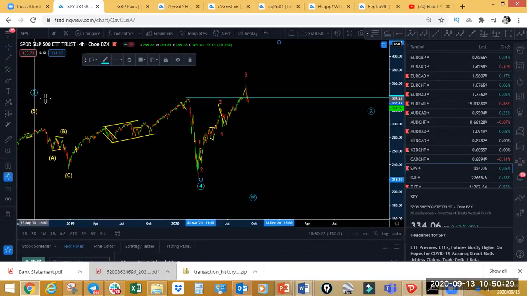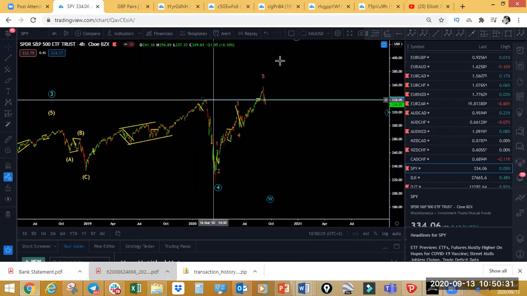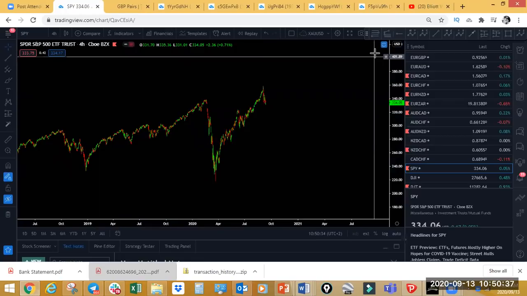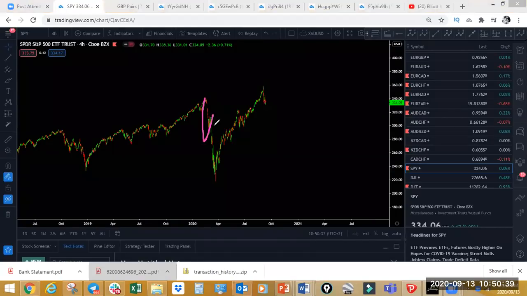Right, so on the S&P 500, this is the end of the move. Let me just switch this one off here. So we're looking for this one to have made A, B, C here, looking for 1, 2, 3, 4, 5. Is this the end of the wave 5 in blue? I'll show the wave 5 in blue just now.